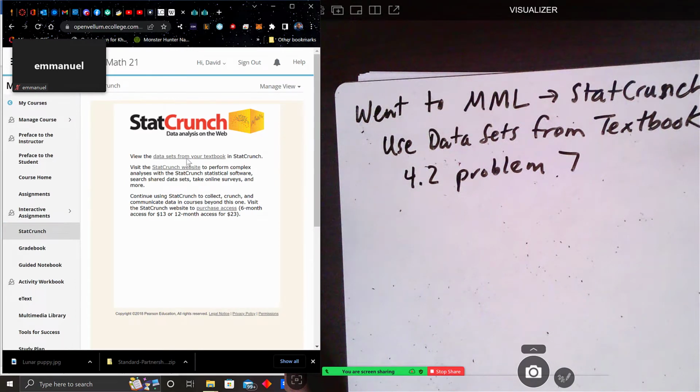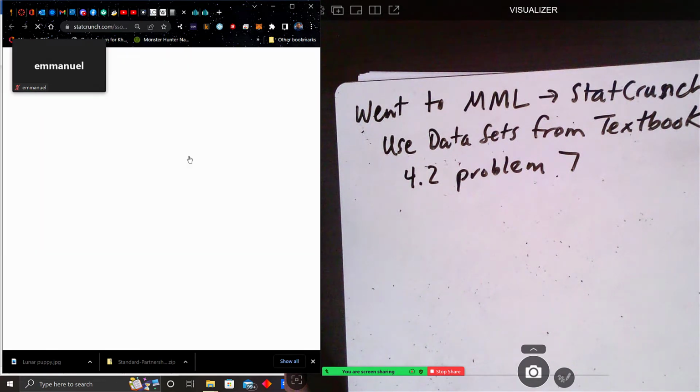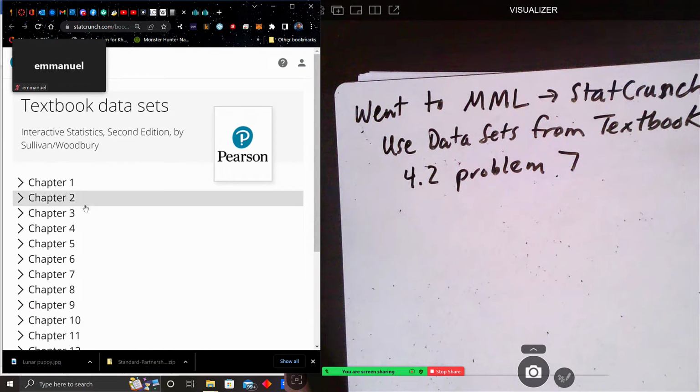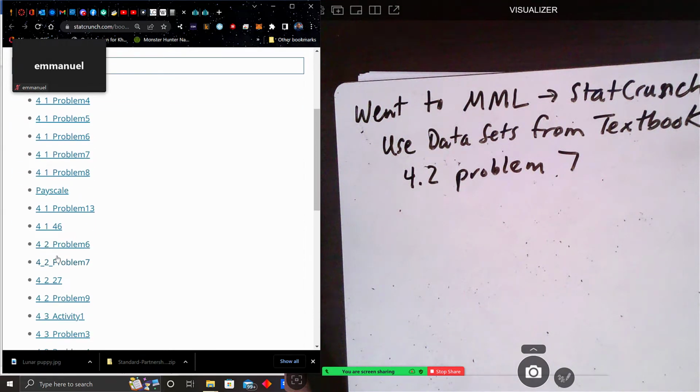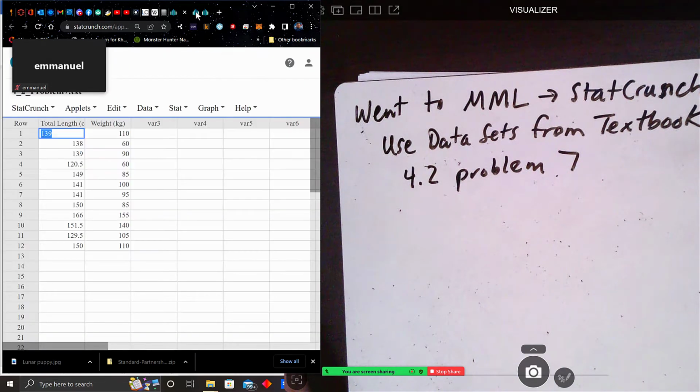So in StatCrunch, you click on view the data sets from your stuff. Click on chapter 4. Find 4.2, problem 7. And we'll load it up.